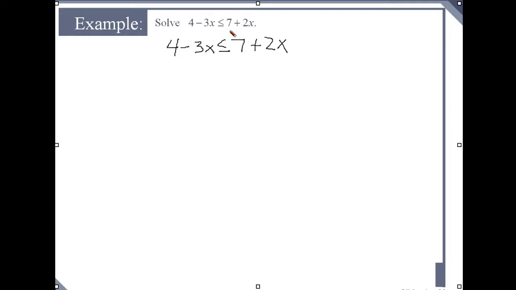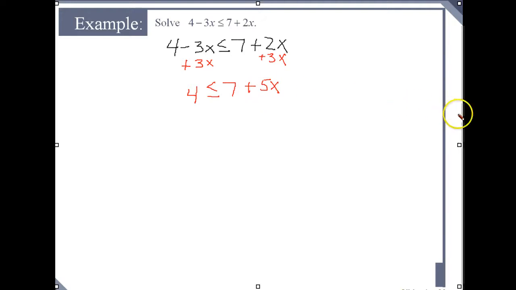So that's the technique I'm going to use. So to keep my variable positive, I'm going to add 3x to this side and 3x to this side. I now get 4 is less than or equal to 7 plus 5x.